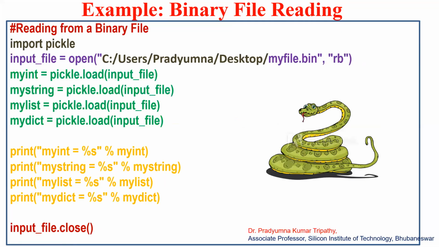Now reading binary data from the binary file. How to read the content of a binary file. Suppose that file that you have created, myfile.bin, which contains binary data, I want to read from that file. So reading from a binary file, what I'll do is import pickle and open the file over here.